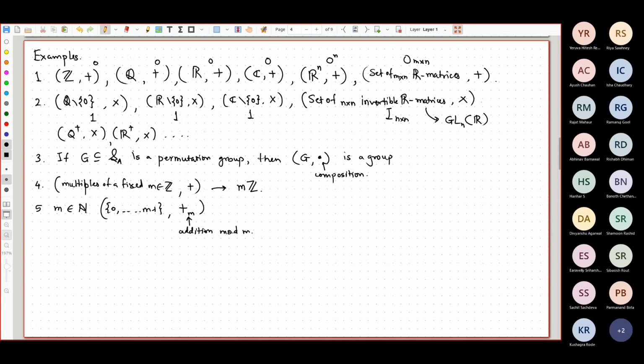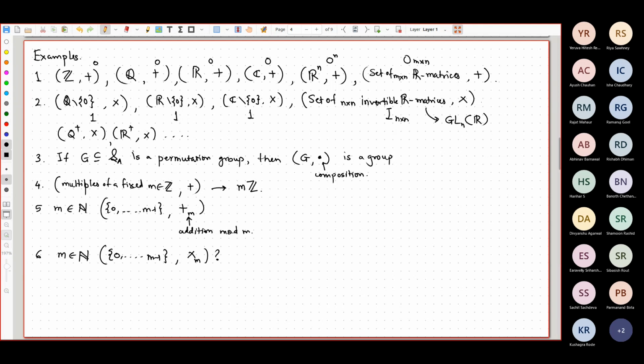Right. Good. So what else? There is one other example I wanted to specify. Suppose M is some natural number. Can I say that this set 0 to M minus 1, the possible remainders modulo M, forms a group under multiplication mod M?